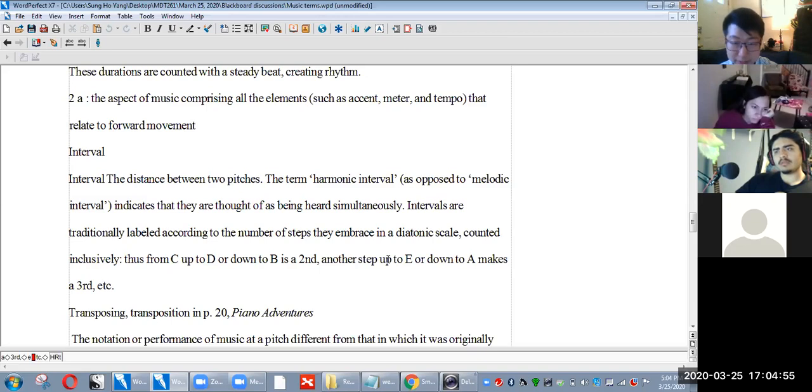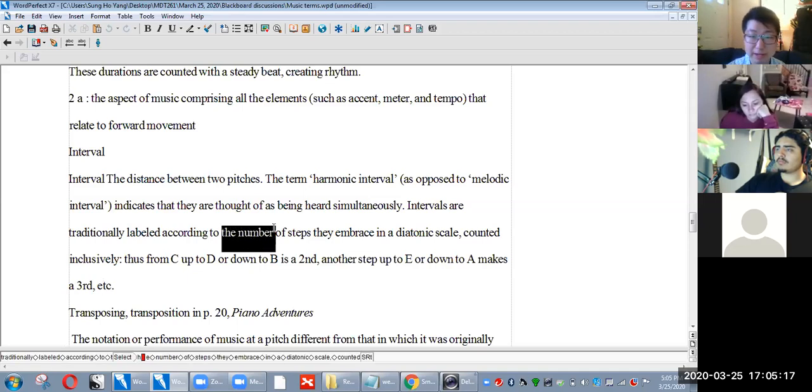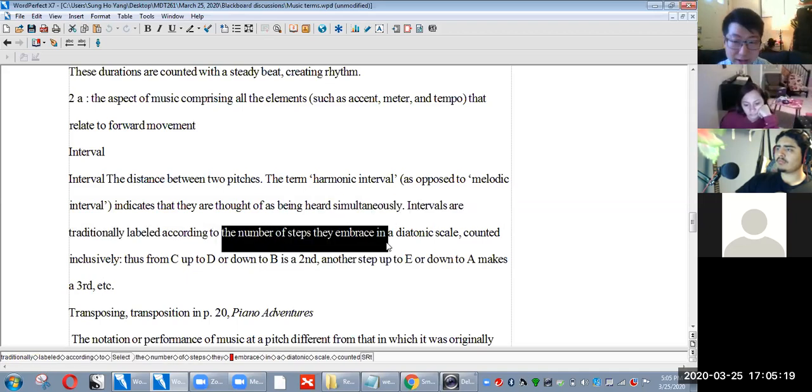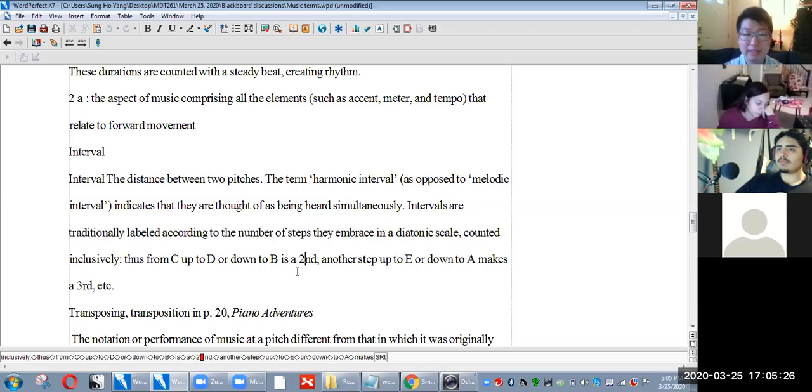I'm just briefly mentioning those intervals between the C major scale notes, to create the diatonic scale C, D, E, F, G, A, B, C. Intervals are counted inclusively. Thus, from C up to D or down to B is a second.